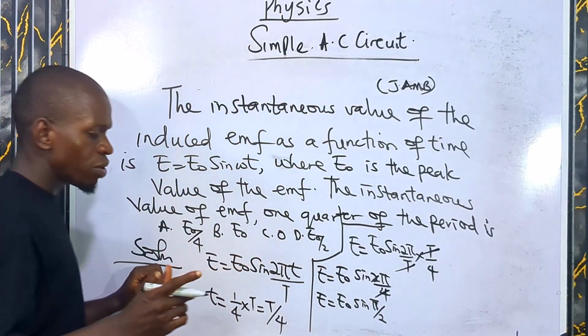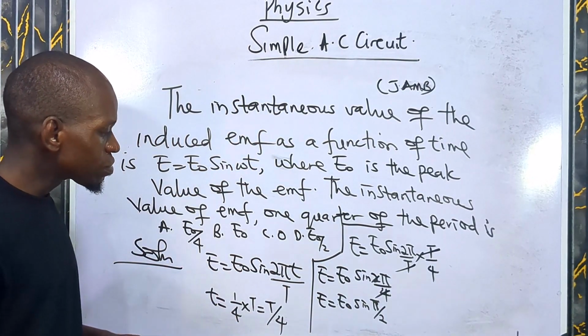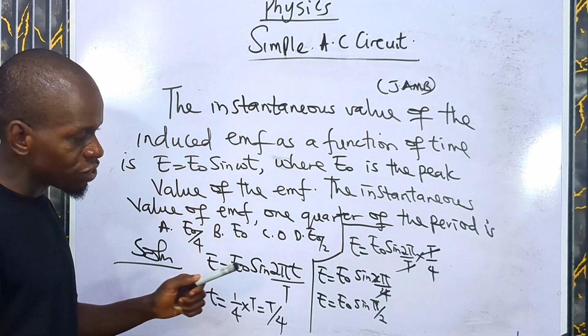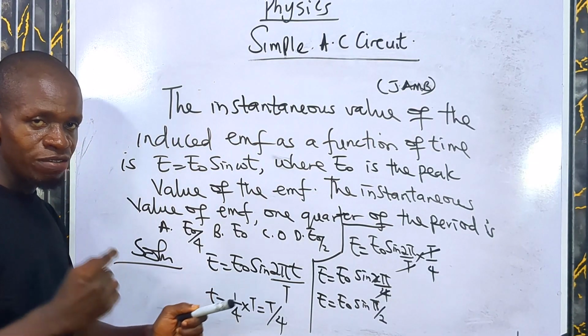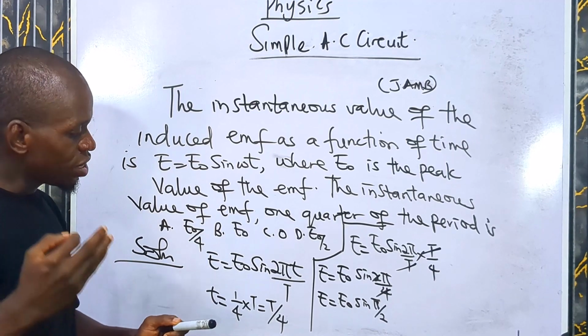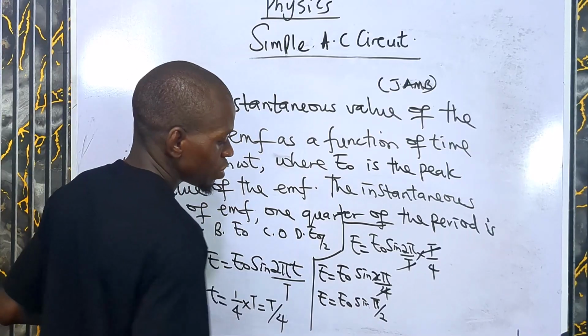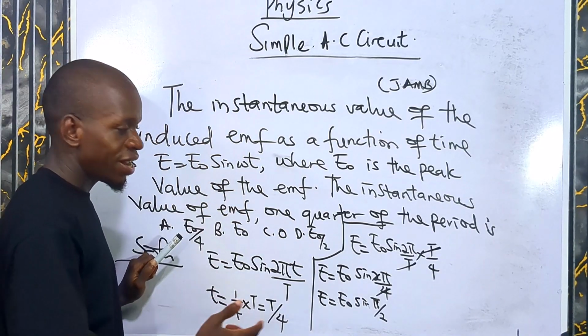Do you remember what I told you about pi over 2 before we started this calculation? Take this video a few minutes backward, and you will see where I wrote that pi over 2 is equal to 90 degrees.